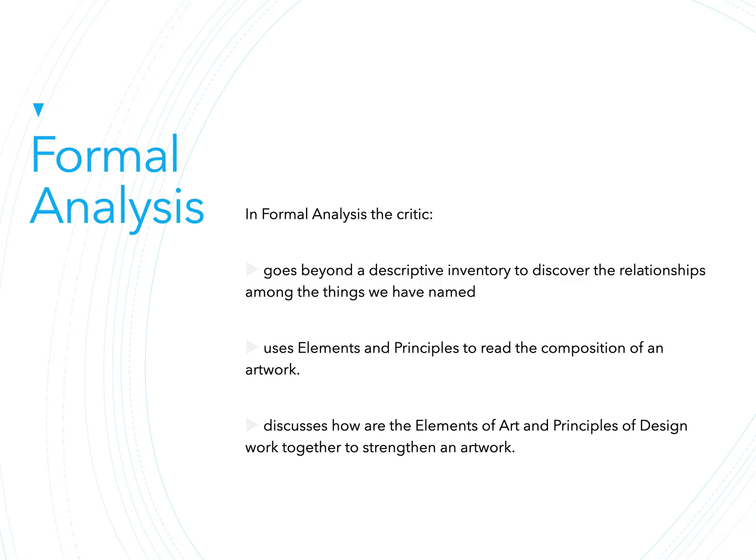It goes beyond a descriptive inventory to discover the relationships among things you have named in that work of art. For this process, you're going to rely heavily on the elements of art and principles of design to read the composition of the artwork and to interpret and discuss what the artist is saying. Through this process, you're also going to discuss how the elements of art and principles of design work together to strengthen an artwork.